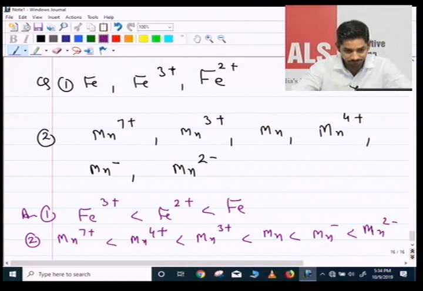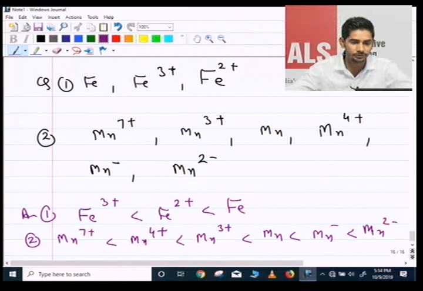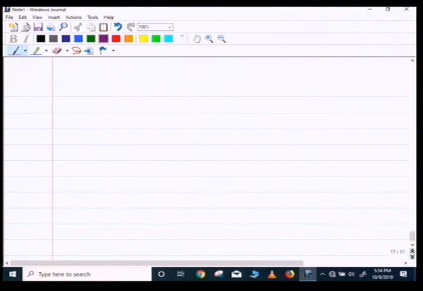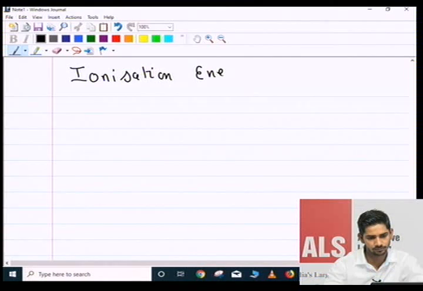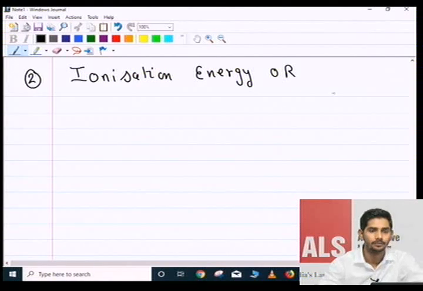Okay. So guys, I'm sure that you're able to solve these kinds of questions. Let's move on to the next topic. Next one is your ionization energy, also known as ionization potential.